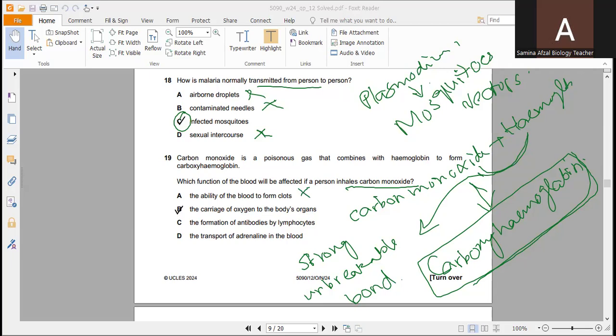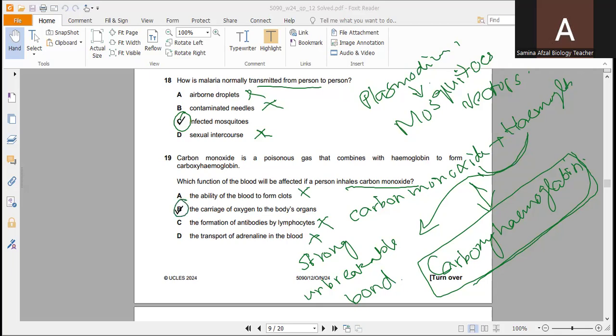The formation of antibodies by lymphocytes, they don't have any concern with this. The transport of adrenaline in the blood, again, it will not transport anything. So only B is the correct option.